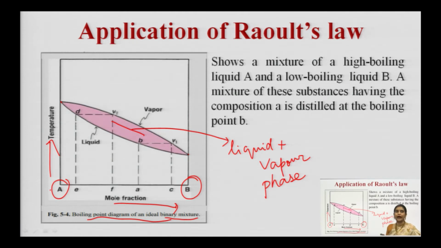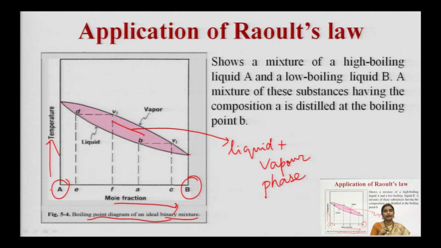It shows a mixture of a high boiling liquid A and a low boiling liquid B. As the boiling point of B is less, the vapor which is obtained by distillation will be richer in B. Why?